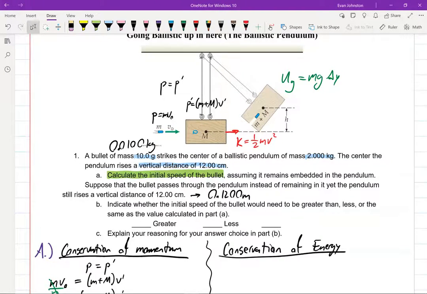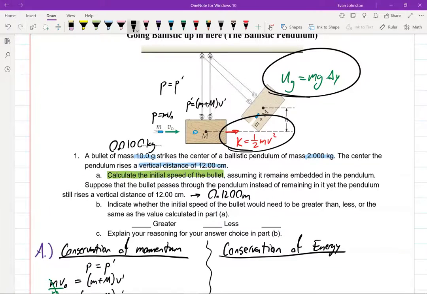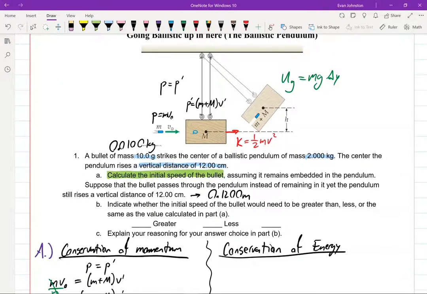Now, I'm not saying that energy from the moment the bullet is fired to the moment the block and bullet hit the top is conserved. I'm saying that the moment the bullet is embedded in the block and the block starts moving, so the red up to the green, energy is conserved. There absolutely is energy that is lost as the bullet bores its way into the wood.